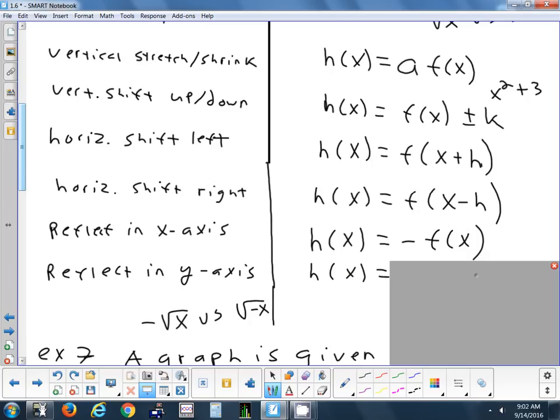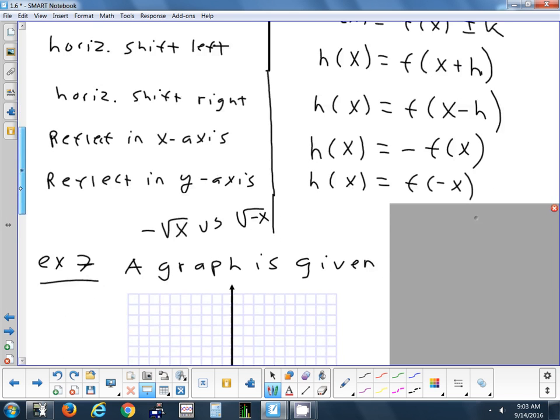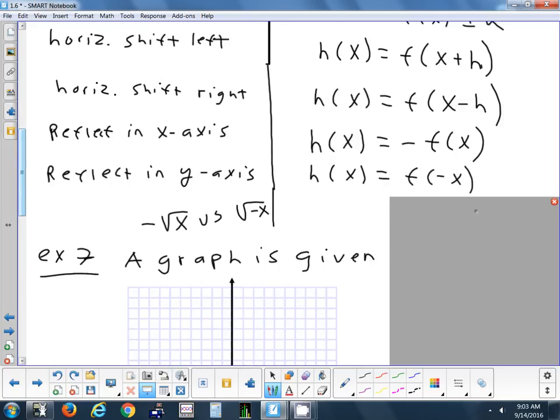When you're reflecting over the x-axis, the negative is out in front. And when you reflect over the y-axis, that's when you put it on the inside. Okay, any questions on those? Just kind of generalizing everything we did yesterday to any function.